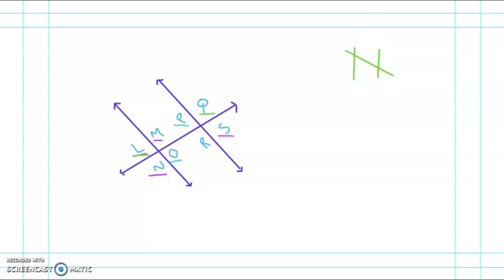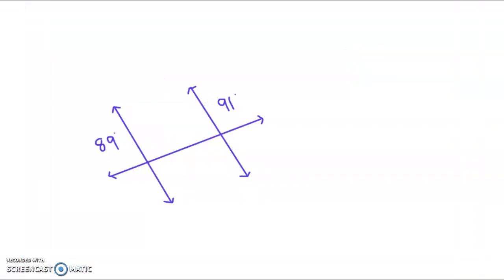I'm going to give you one last example, this time using numbers. Let's say I have one angle that's 91 degrees and another angle that's 89 degrees. Using what we have learned, we can say that this angle is 89 degrees right here because it is vertical to this angle.